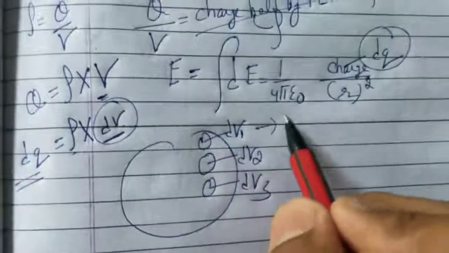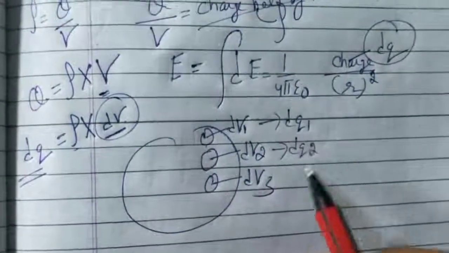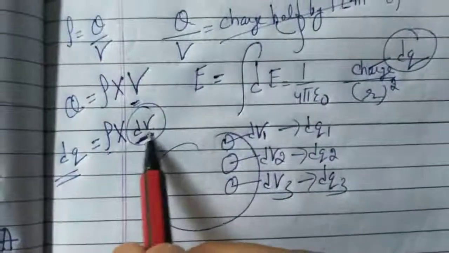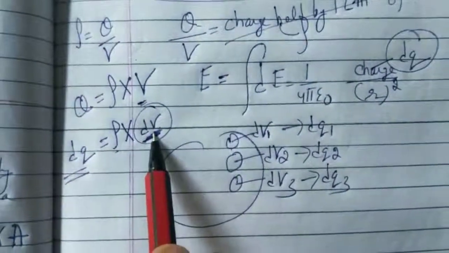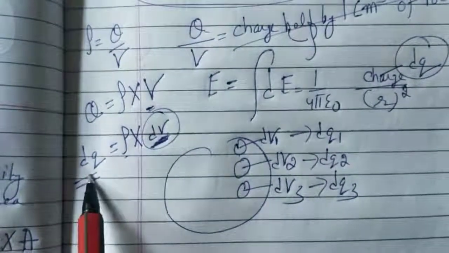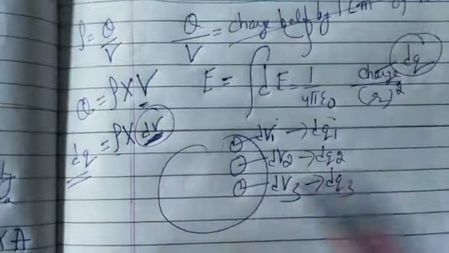Suppose dV1 has dQ1 charge, dV2 has dQ2 charge, and dV3 has dQ3 charge. So this sphere is made of so many small volumes. What is the charge held by dV volume? Rho into dV. We denote it by dQ1. So we will integrate this.